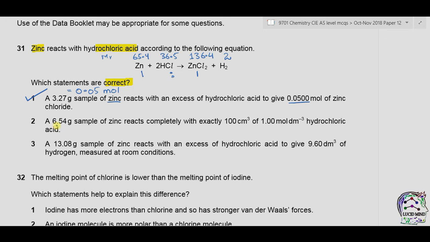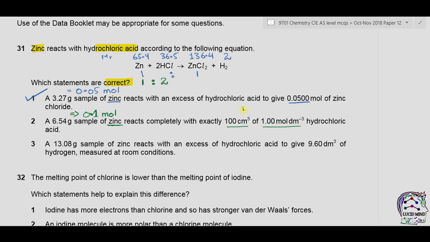Part 2. A 6.54 gram sample of zinc reacts completely with exactly 100 cm³ of 1 mole per decimeter cube hydrochloric acid. Again, we can find the number of moles of zinc by dividing mass with atomic mass. So 6.54 divided by 65.4 comes equal to 0.1 moles of zinc. Now from the balanced equation we can see 1 mole of zinc requires 2 moles of hydrochloric acid. So 0.1 mole of zinc should require 0.2 moles of hydrochloric acid.